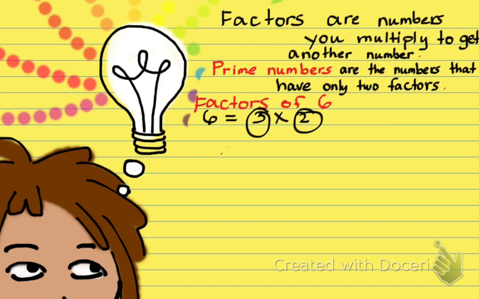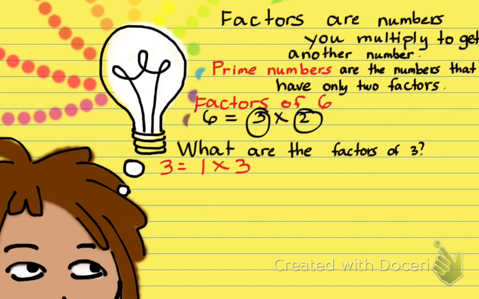Also in this video, we're going to be talking about prime numbers. So what are prime numbers? They're the numbers that have only 2 factors. So let's say, what are the factors of 3? So 3 equals 1 times 3. So 3 has only 2 factors, so it is a prime number.